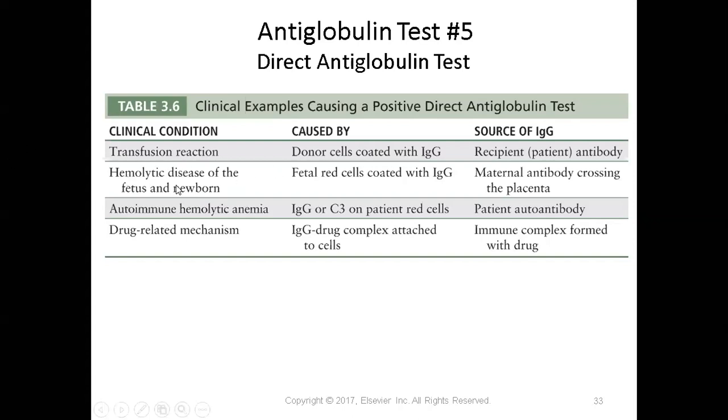So in this case, the mother is carrying the baby, but the baby has different red cell antigens than the mother because the father contributes to some of those as well, right? So in this case, the fetal red cells are coated with IgG. So remember, IgG is the class of antibody that can cross over the placenta from the mother.